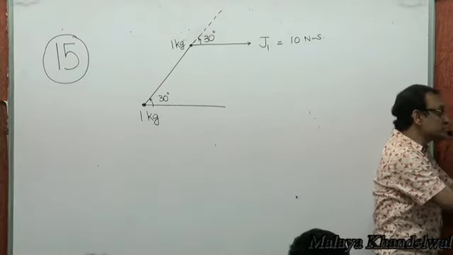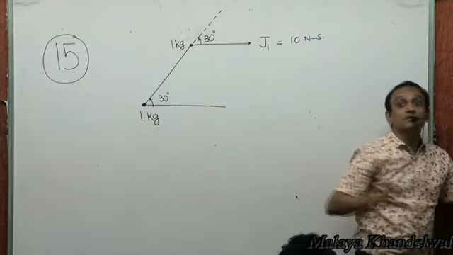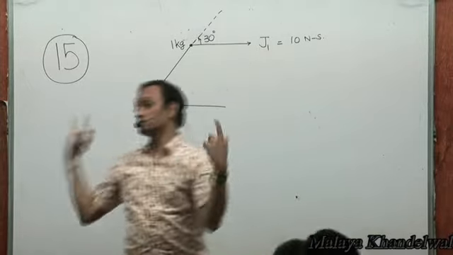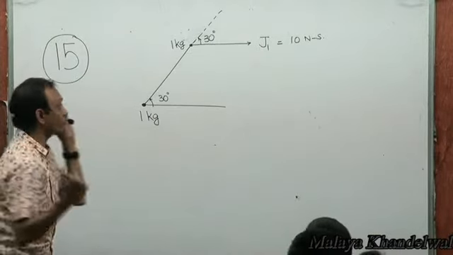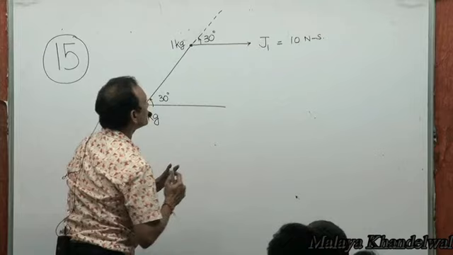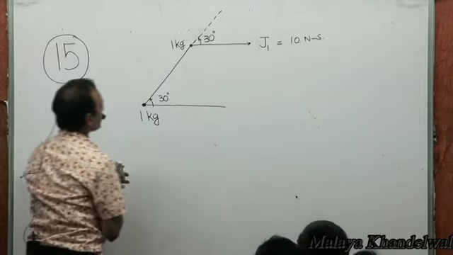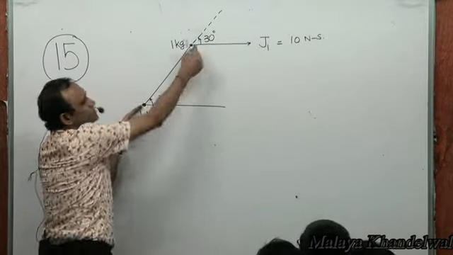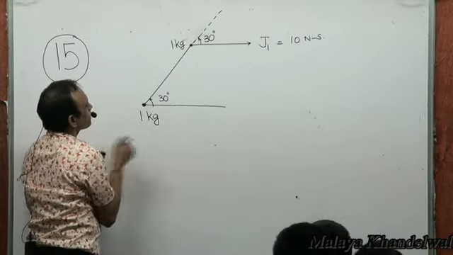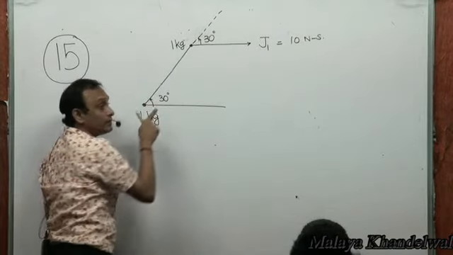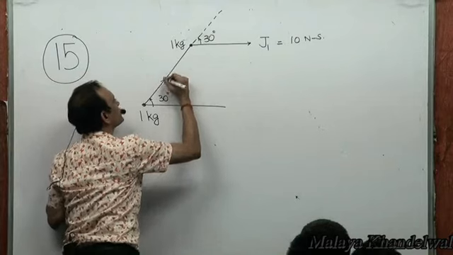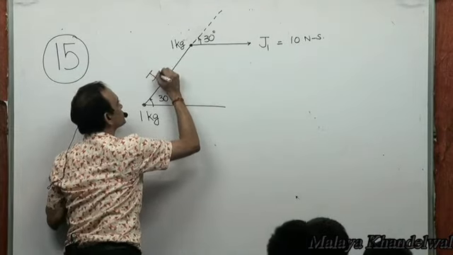Because right after this impulse is applied, the tension in the string will get invoked. There would be tension in the string, and the impulse of the tension will act along the string. Yes or no? JT, say, impulse of the tension.